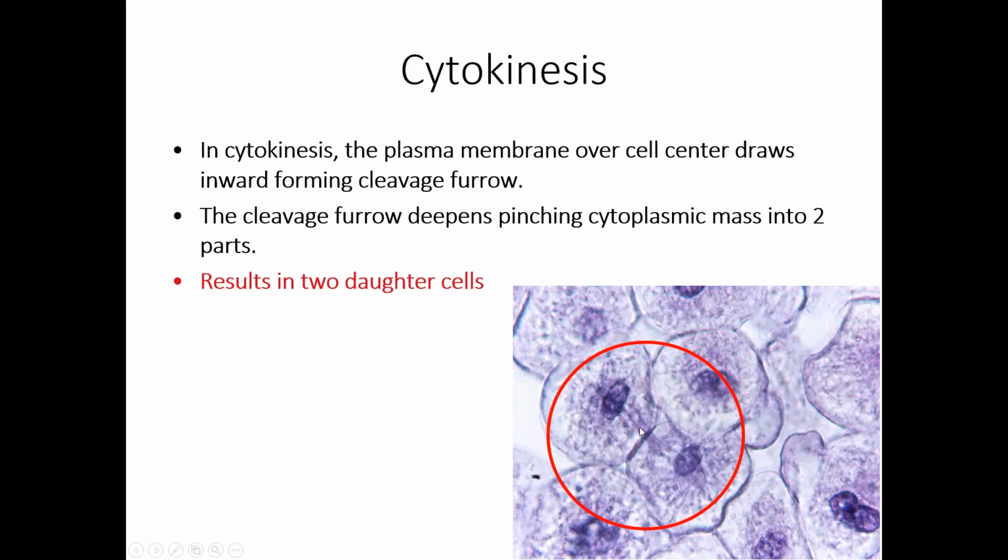We have what's known as the cleavage furrow taking place right along in here as we squeeze them apart. And those cells now will live whatever the lifespan of the parent cell was. If it's 2 days, if it's a week, if it's a month, it just depends on the average lifespan of that cell. As I said, some cells will last for days or weeks or months or even years, and some are very, very short.